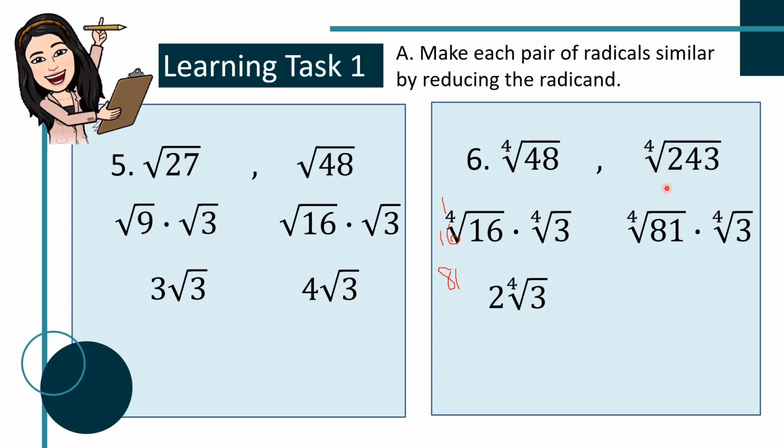At ang perfect fourth dyan is 81. What is fourth root of 81? Okay, so that is 3. 3 times 3 times 3 times 3, 4 na beses will be equal to 81. And then we just need to copy fourth root of 3. So, similar radicals na sila. Maliwanag ba?